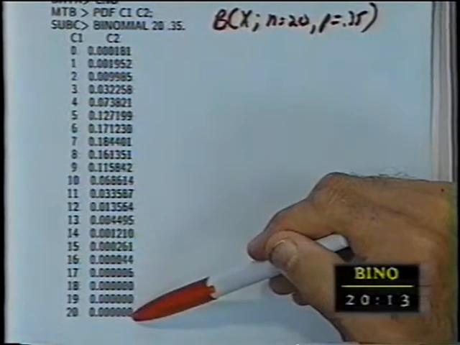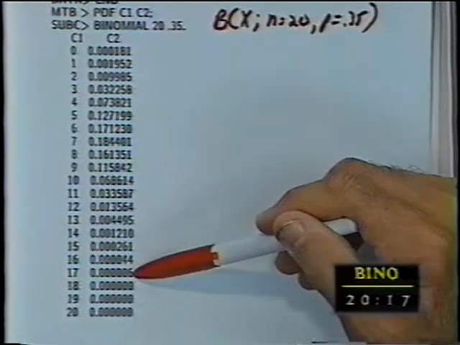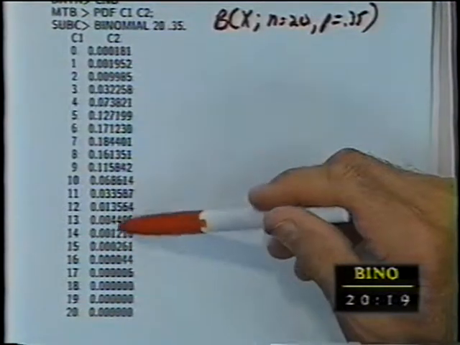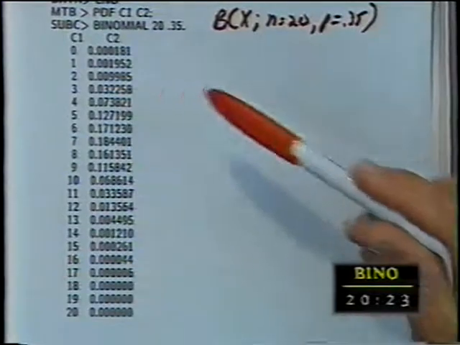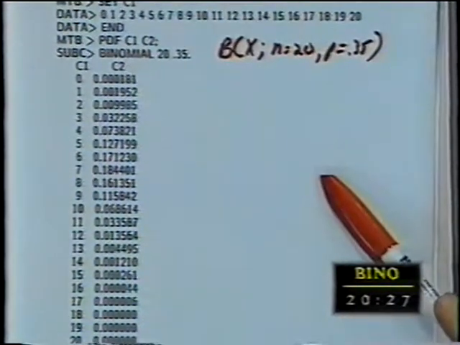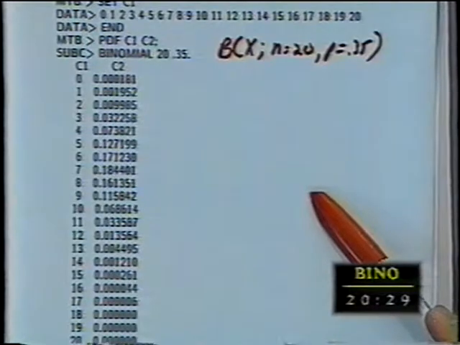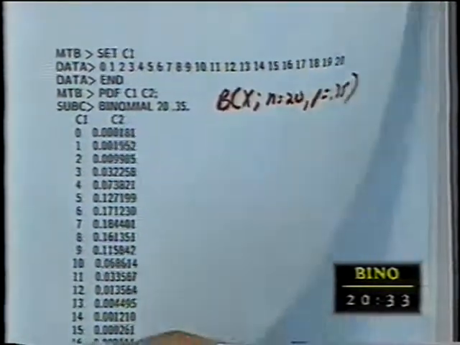There's no chance of having 20 or 19 or 18, but you begin to get some probability, and then the highest ones somewhere around here. That's the whole distribution. Now, I'd hate to have to do this by hand. It would take you forever to do it by hand, but the computer does it in no time, flat.